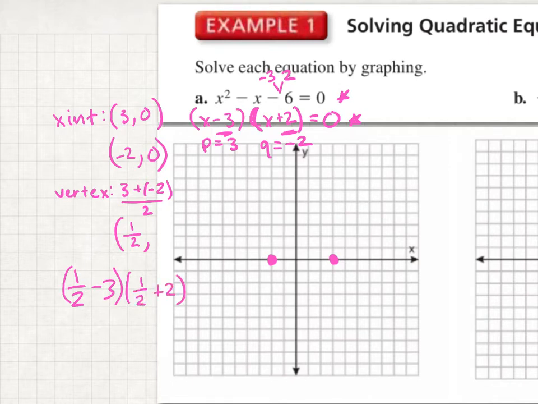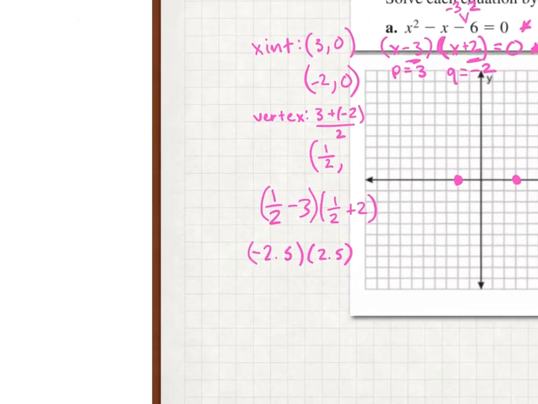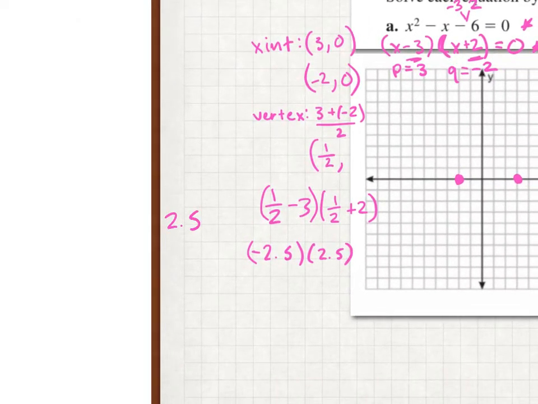This would be negative 2.5 times positive 2.5. 2.5 times 2.5 would be 6.25.